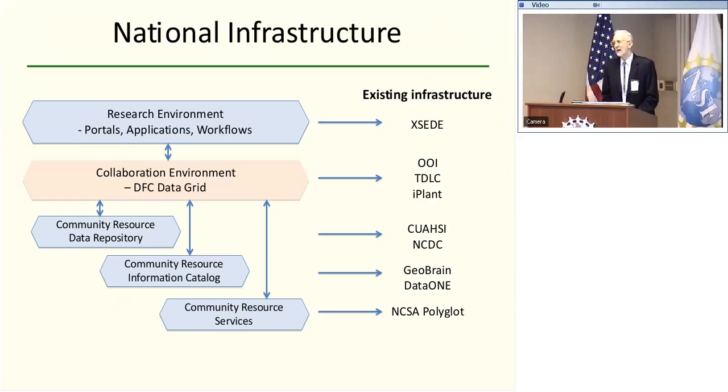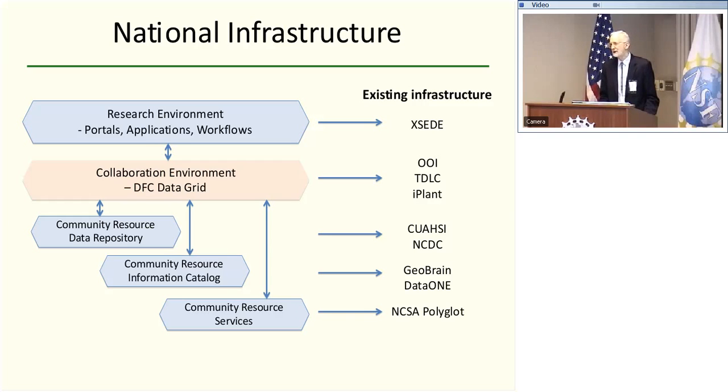There are many different types of community resources that we have to deal with. There are information catalogs, as you just saw for Data 1. There are data repositories, federal agency collections. There are analysis services that are provided by multiple groups. Each of them tends to have a different access protocol, a different mechanism for supporting somebody's use of their particular resource.